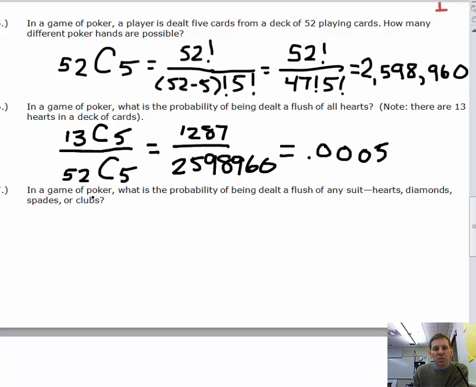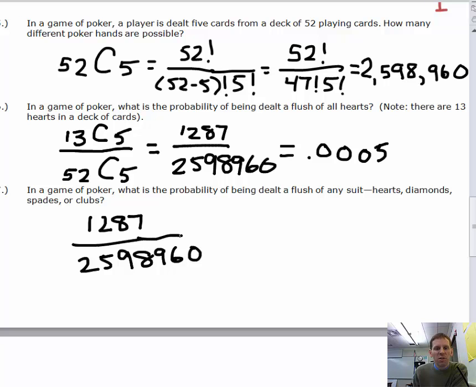So for number 7, in a game of poker, what's the probability of being dealt a flush of any suit? Hearts, diamonds, spades, or clubs? Well, we're using the term OR here, which basically means addition. So you can basically add this 0.0005 number 4 times. Or another way of looking at it is take 1287 over 2,598,960, and we're just going to multiply this by 4.